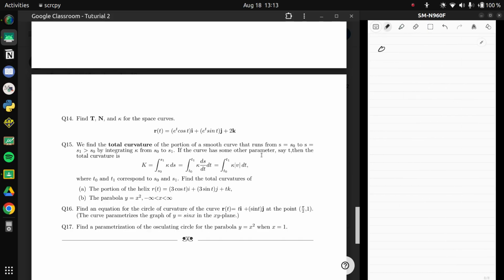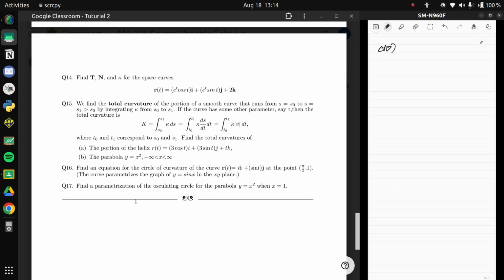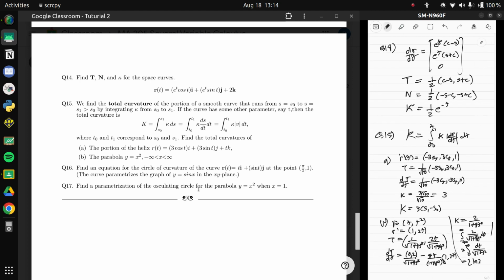Move on. Question number 17. The curve parameterizes the graph of, okay, fine. Find the parameterization of the osculating circle, the circle of curvature, for the parabola when x equal to 1. I think we already did that, right? So we found some stuff for the parabola.